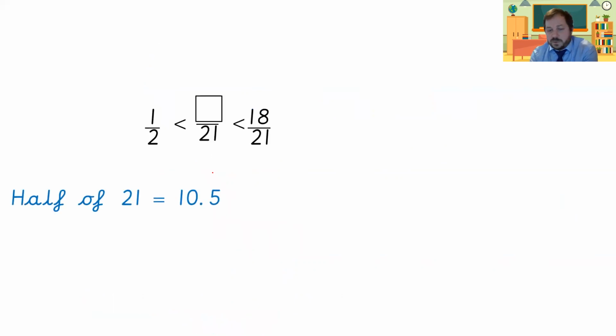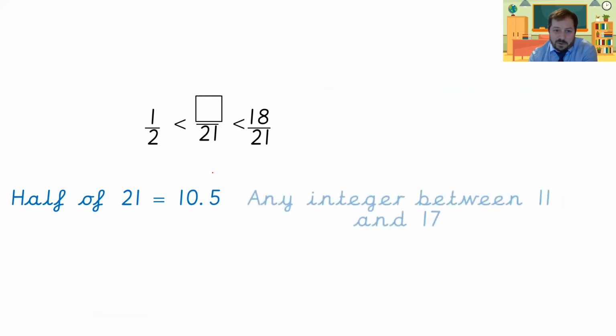So this one's an interesting one because half of 21 is 10.5. So as long as it's bigger than 10.5, which is what it's saying, half of this 21 is 10.5. So this number here has to be bigger than that 10.5.